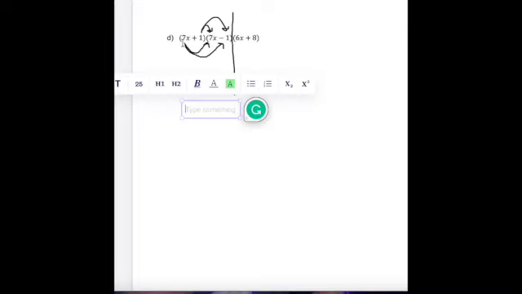So 7x times 7x, 49x squared. Then first term times second term, so 7x times minus 1 is minus 7x.